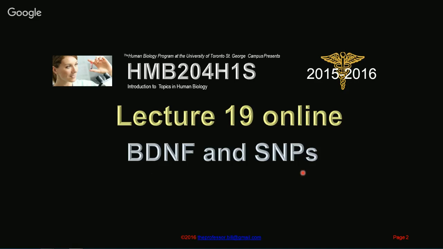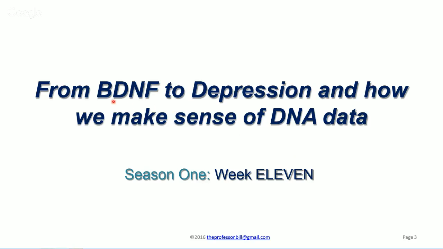If we take one of the molecules we've previously looked at in this course, BDNF, and put it in the context of a disorder like major depression, I want you to get a sense of why we're interested in the personal genome, in terms of DNA data, and how the last two lectures make use of the fact that everyone's DNA is just a little bit different, especially in the context of BDNF as well as depression.